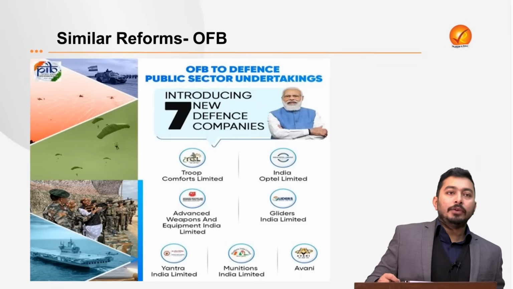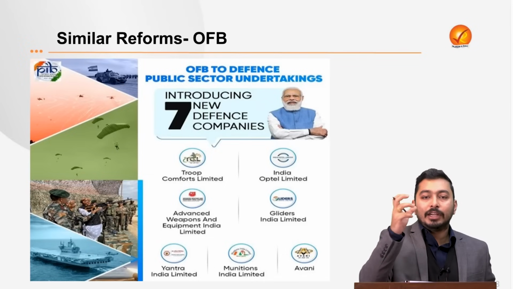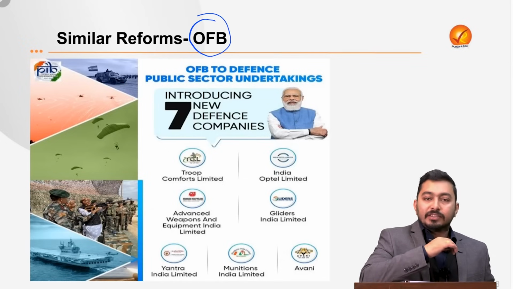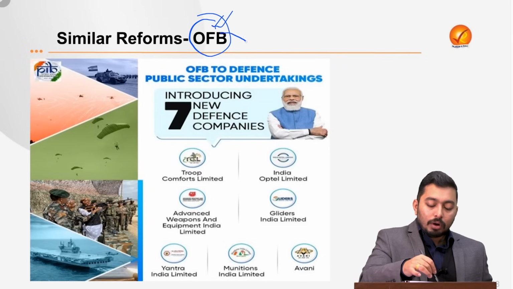Now, we must appreciate that some reforms are coming in DRDO. DRDO works under the Ministry of Defense. Similarly, there is something called the Ordnance Factory Board. There, the Ordnance Factory Board was broken up into defense PSUs.